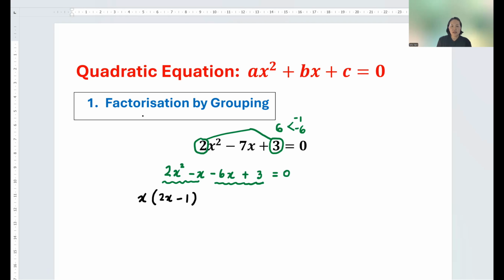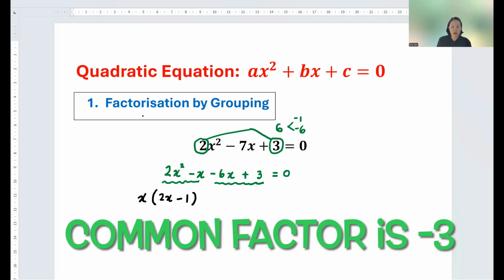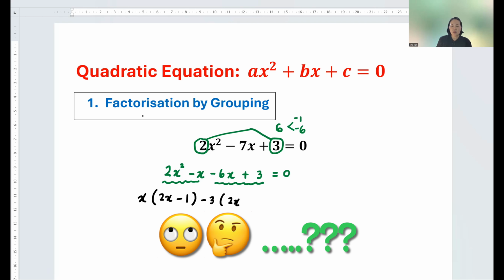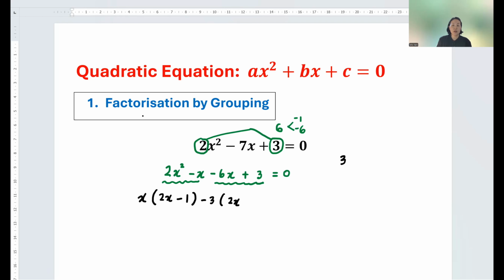Now I'm looking at minus 6x plus 3. The common factor, you might say it's 3, but in fact it's minus 3. When I take the minus 3 out of minus 6x, I'll have 2x left. With the 3, it's plus 3, so you might ask, how can I make minus 3? Factors of 3 could be 1 and 3, right? 1 times 3 is 3. But it can also be minus 1 and minus 3, because when we multiply them, you still get plus 3.